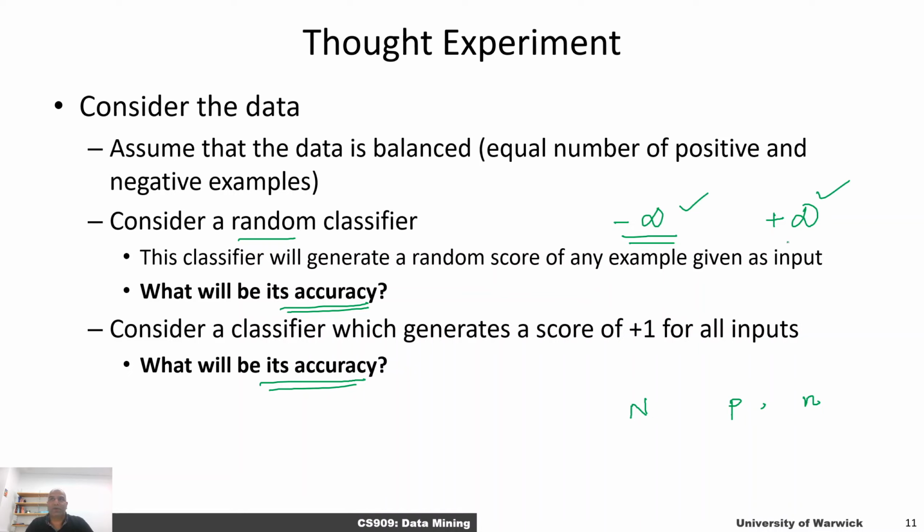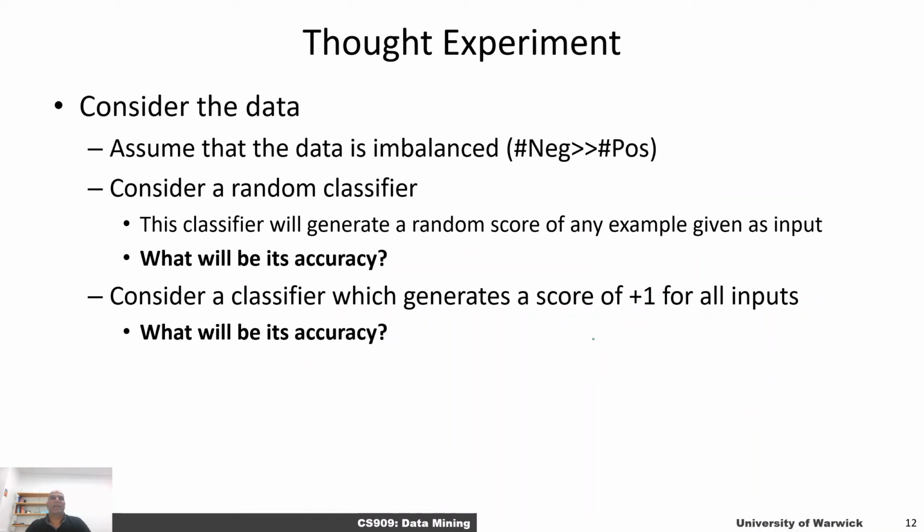What is its accuracy going to be? Is it dependent upon the threshold or not? Okay. And similarly, what happens if we have a classifier that spits out a score of +1 for all the examples that we have, what is its accuracy going to be? This simple thought experiment is going to help you understand the concept of, and the underlying assumptions behind, accuracy.